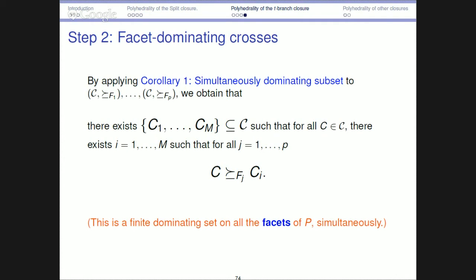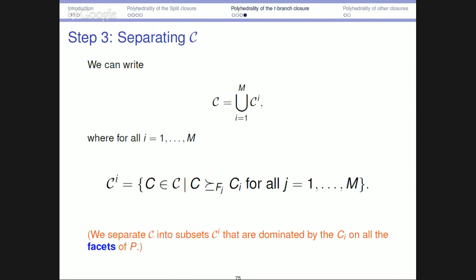Okay? So why do we need this set of crosses? Because now we can partition the arbitrary set of crosses in terms of which crosses are dominated by which CI. So this is a partition, and the union is C because any arbitrary cross will be dominated by at least one in all the facets at the same time.